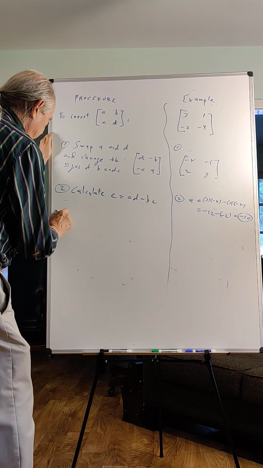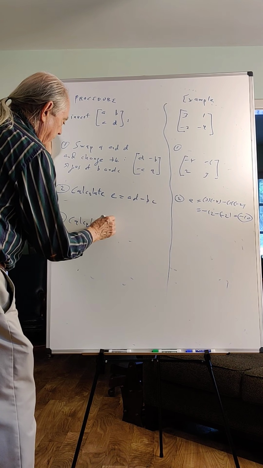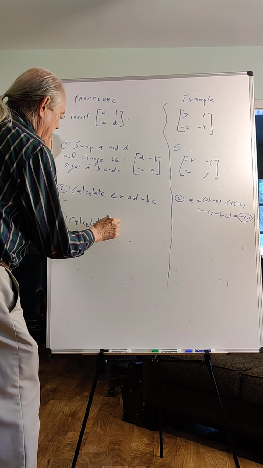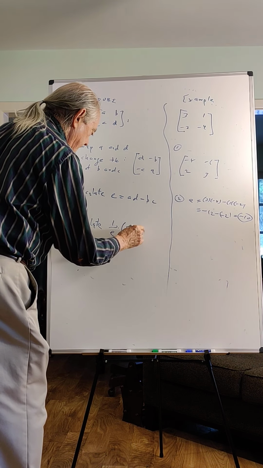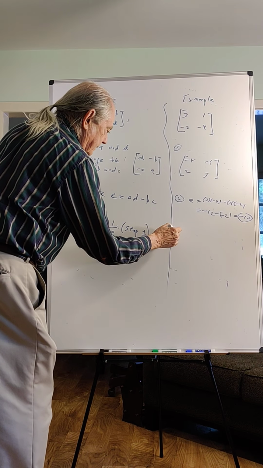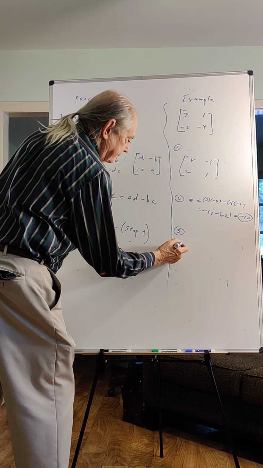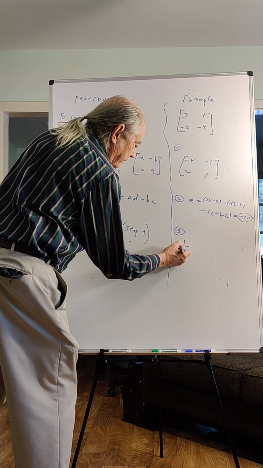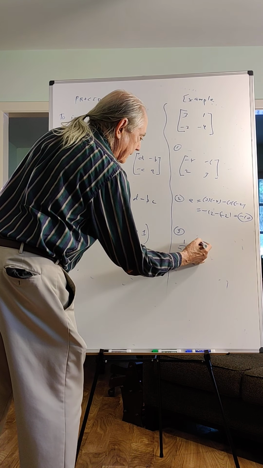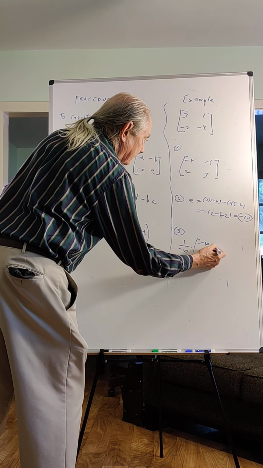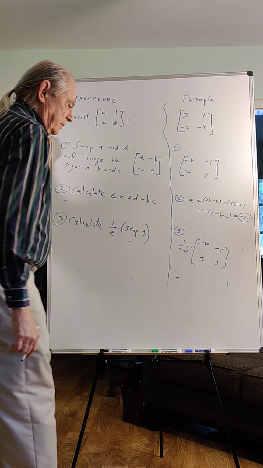And then the last step is you calculate 1 over E times step 1. Answer. So the inverse of this matrix then is 1 over minus 10 times this matrix. So what would that be?